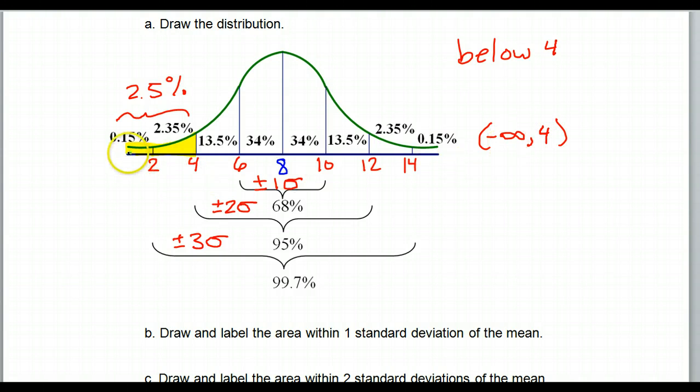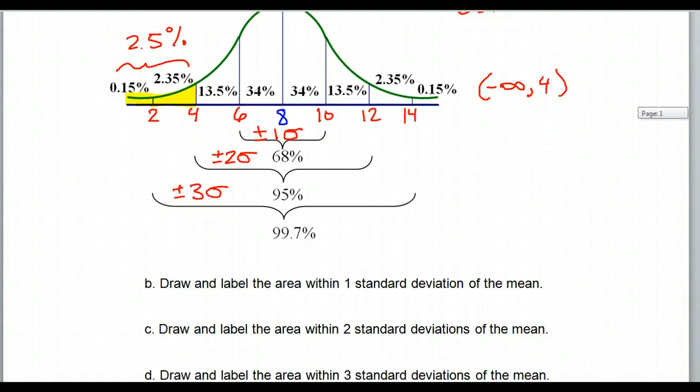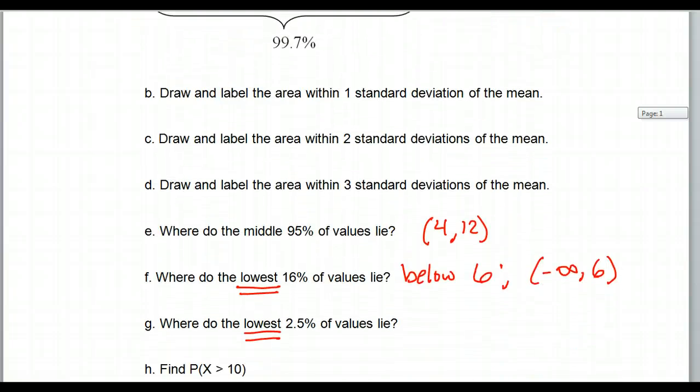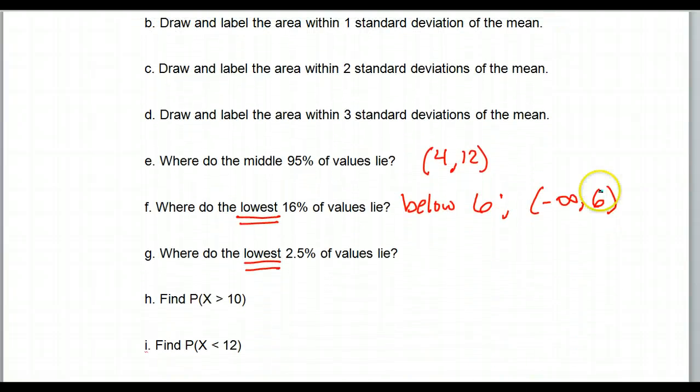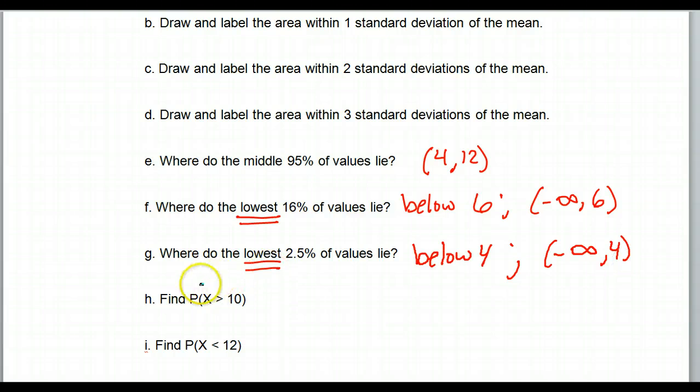Do not say 2 to 4, because I'd be leaving out this 0.15%, and do not say 0 to 4. This goes forever to the left. So where do the lowest 2.5% of values lie? We could either say below 4, or negative infinity to 4.